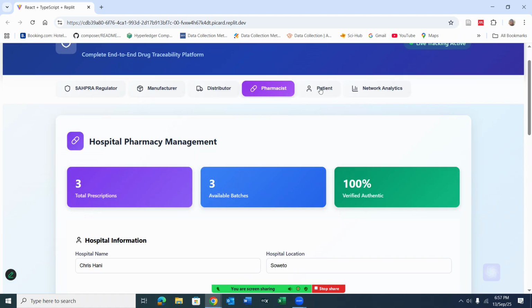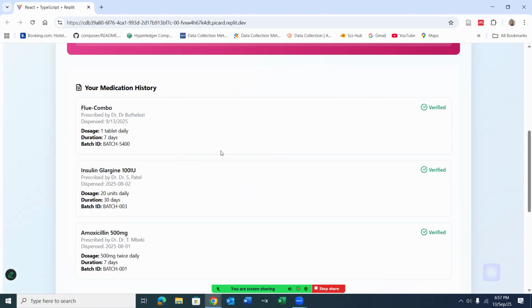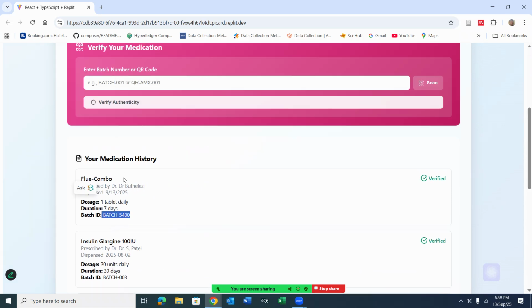And then now SIPO wants to see if this medication is not counterfeit, right? So they can use the batch number for this medication. So let's see what happens if they use the wrong batch. Let's assume that the medication was tampered with while it is in the hospital.